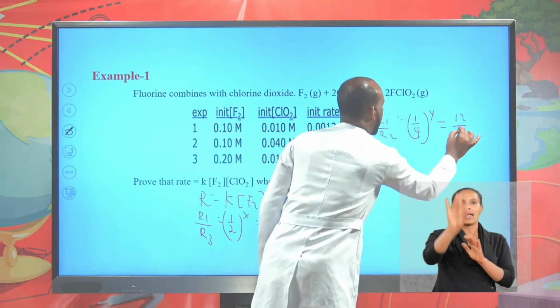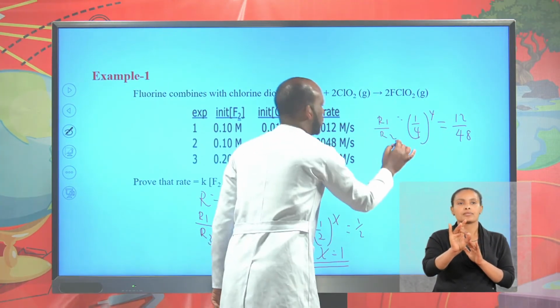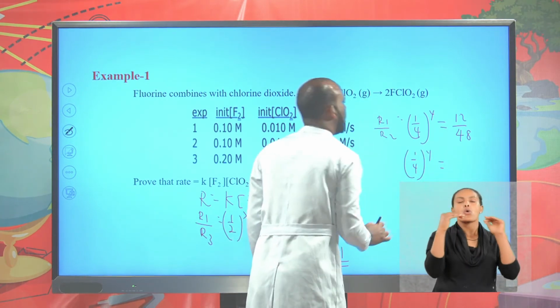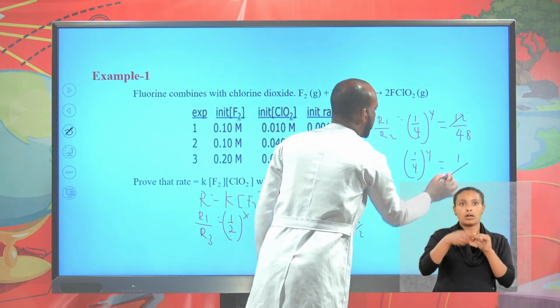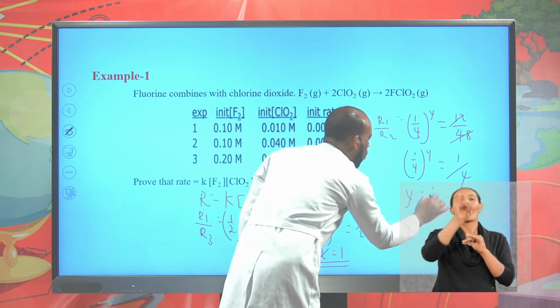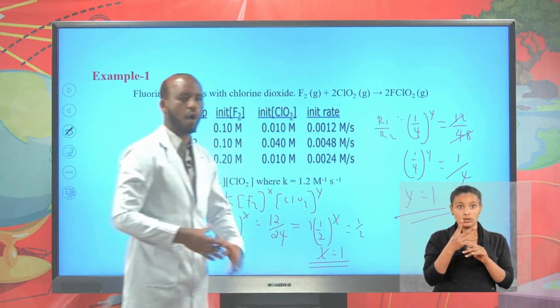This is the same as 1 over 4 to the power of Y equals 1 over 4. Again, from this, Y equals 1. You see, Y equals 1.